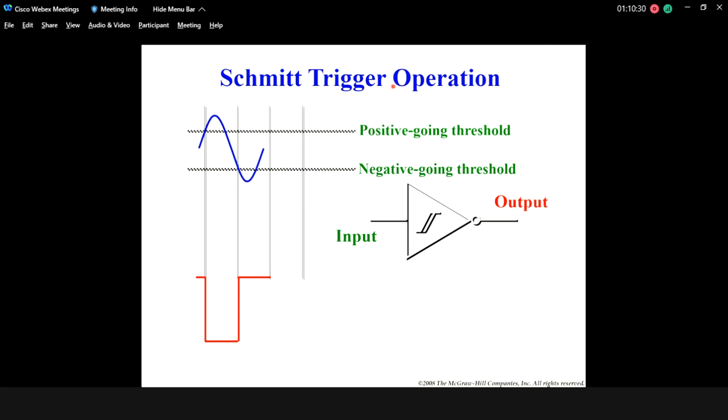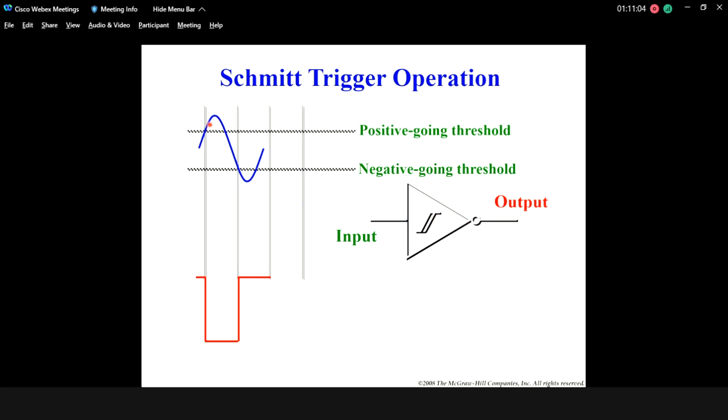So let's say we have a sine wave here, and the sine wave goes to the input. This one is just like a Schmitt trigger with a NOT output, I mean it inverts the input. So here is high, you have NOT, it becomes low, and then this one is low. Anything lower than this negative going threshold, it becomes high. Okay, so this one is an inverter.